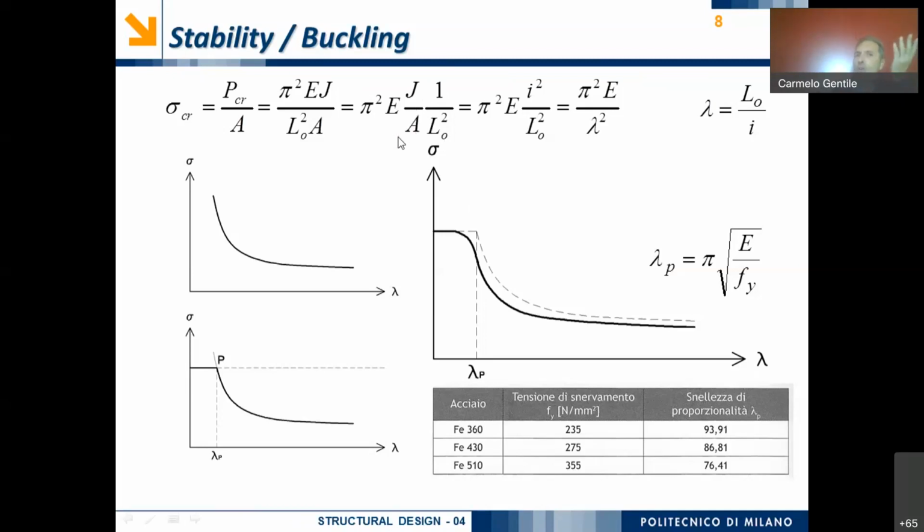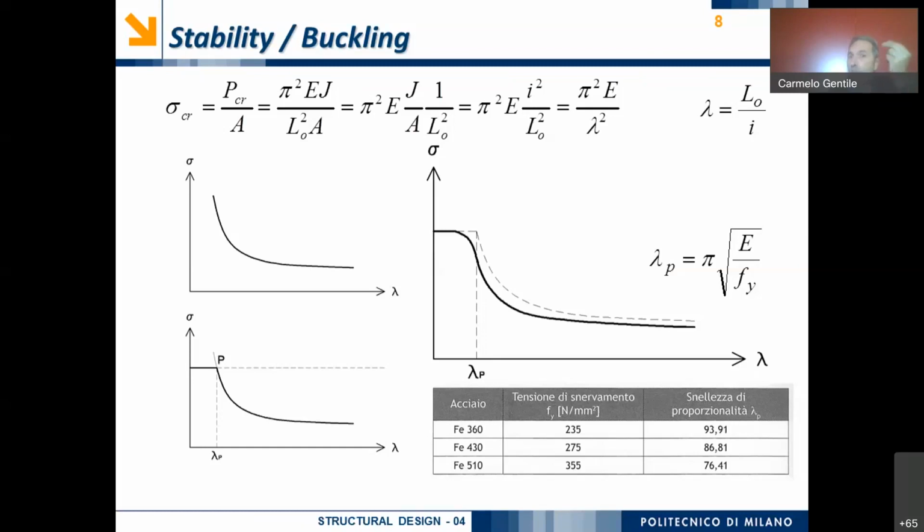The ratio J over A only depends on the transversal cross-section of our column, because J is the inertia moment and A is the area of the cross-section. So in the standard tables of the cross-section, you can find both values.